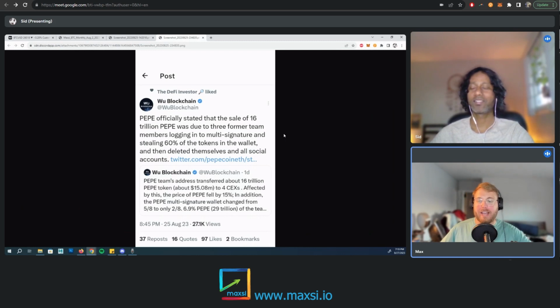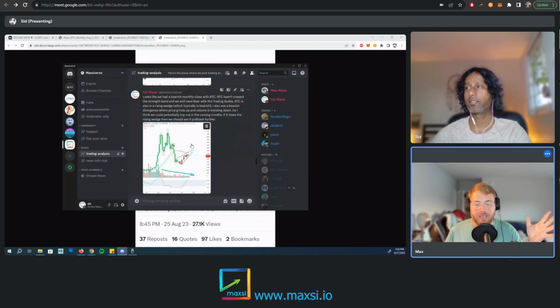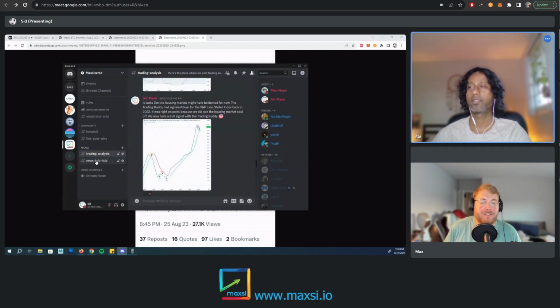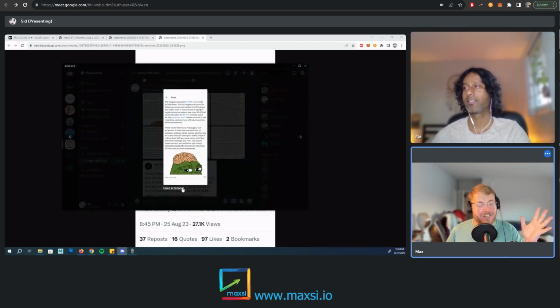Effectively what happened this last week is this treasury wallet, if you read their official announcement, supposedly had 5 wallet signatures required, and 4 out of 5 need to be used. But that's not even true either, which is the crazy part, because it was actually 8 signatures and it required 5 out of 8.